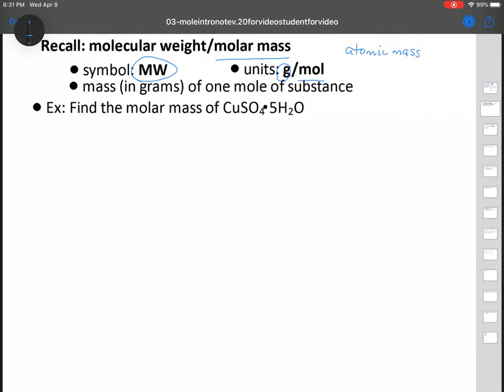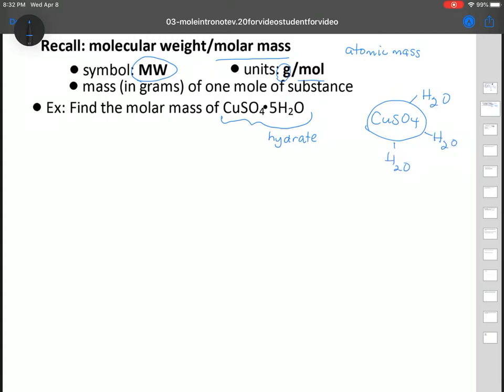Okay, so Lauren actually burned me on this. There was one of these types of questions in the homework from the other day. This is called a hydrate, which we will also talk more about how you figure this out. What it actually means is that every copper sulfate has 5 water molecules attached to it.